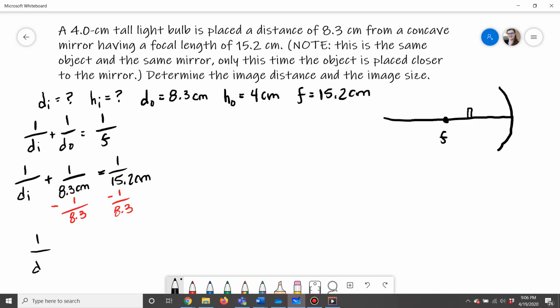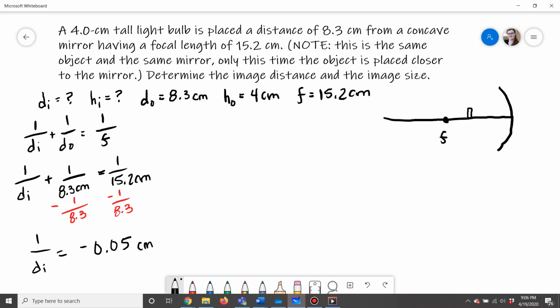That means that you have 1 over d sub I is equal to, it'd be helpful if I had done the math ahead of time, right? I get negative 0.05 centimeters.